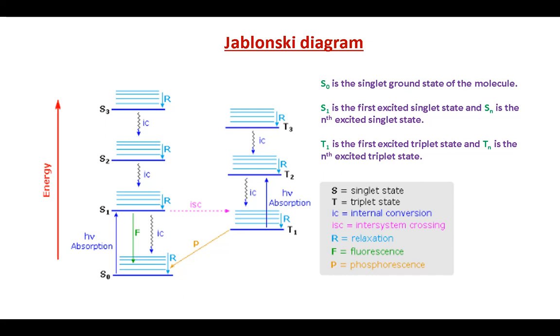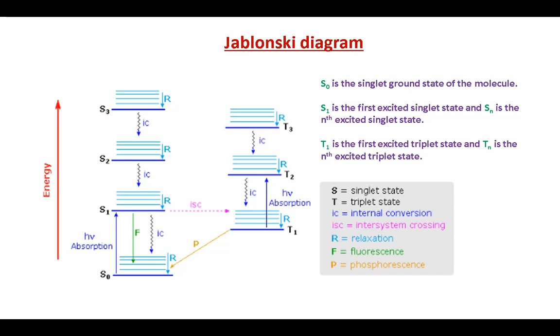The upper lines represent the energy states of the three excited electronic states. The upper darkest line represents the ground vibrational state of the three excited electronic states. The energy of the triplet state is lower than the energy of the corresponding singlet state.